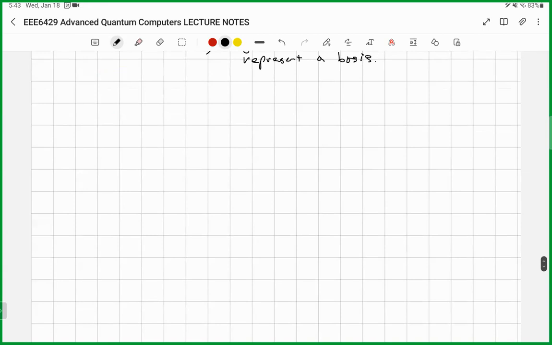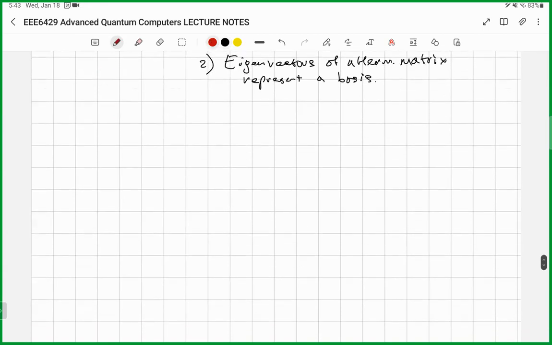Very good. Another important point for our discussion is that a matrix can be thought of as an operator of linear transformation. Let's write this down: a matrix can be thought of as an operator of linear transformation.